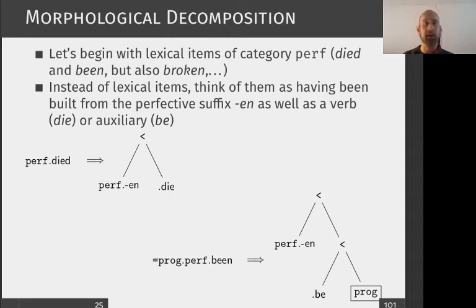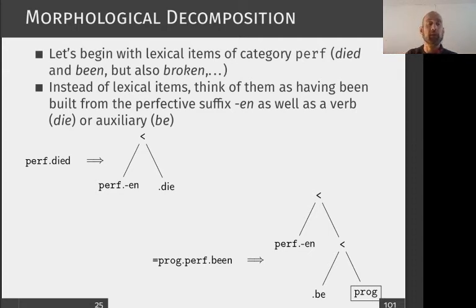I couldn't decide, and I had made these pictures previously. So here I use a notation where all the features come first, and then the lexical item's name comes at the end, right? So instead of having the lexical item name first and then a colon and then the features, we have features and then a dot and then the lexical item's name.